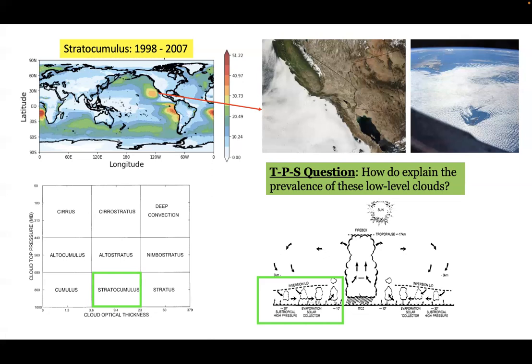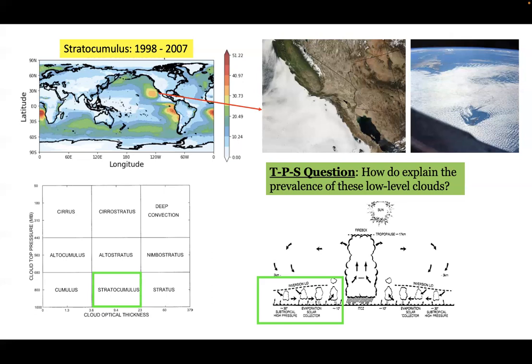So aerosol plays a role modulating them. If there's no aerosol, they might look slightly different, but the fundamental reason for the existence of this prevalence is that there are sinking motion and cold ocean current. Those are limiting the clouds and boxed them there.